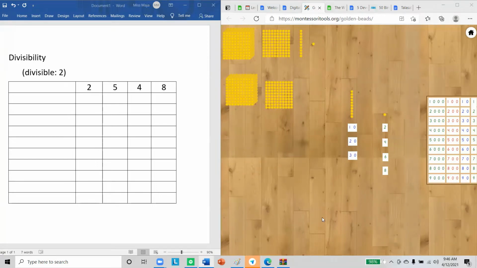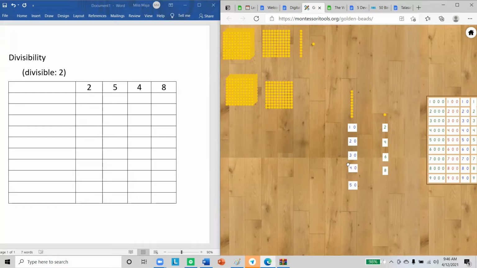Or are all numbers divisible by 2? 50. All right. What is 50 divided by 2? That's 25. 25 plus 25 equals 50. So it can be equally divided by 2. So 50 is divisible by 2 as well.